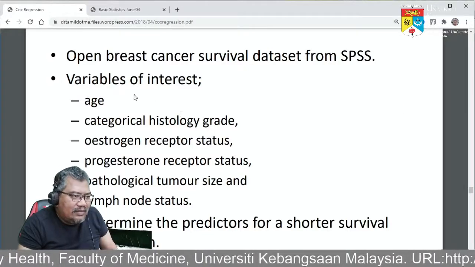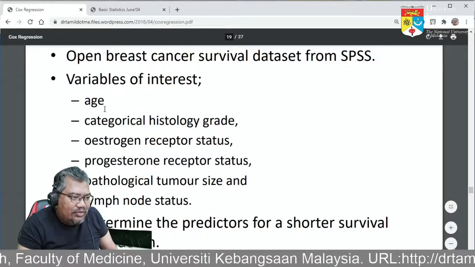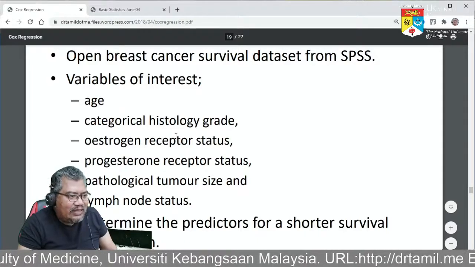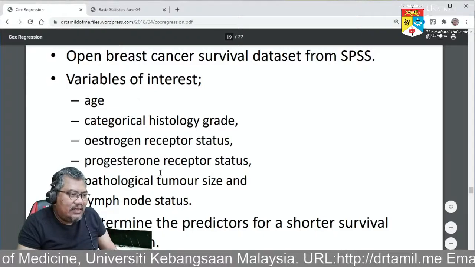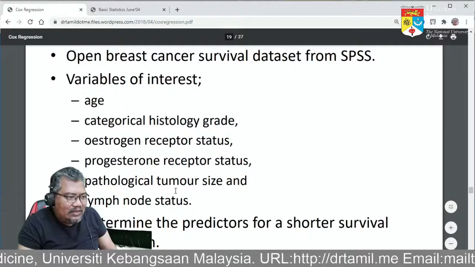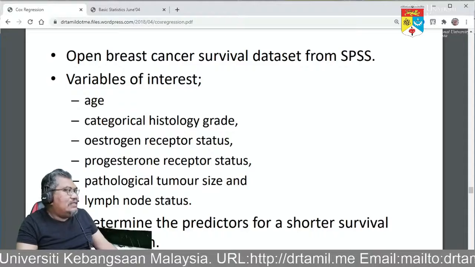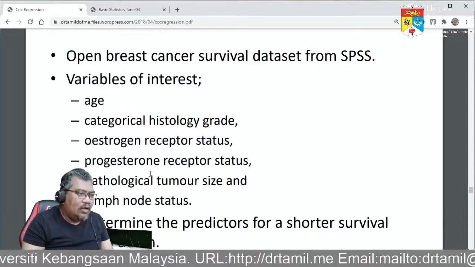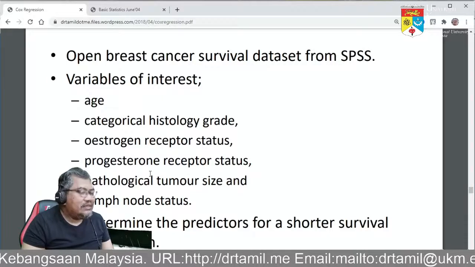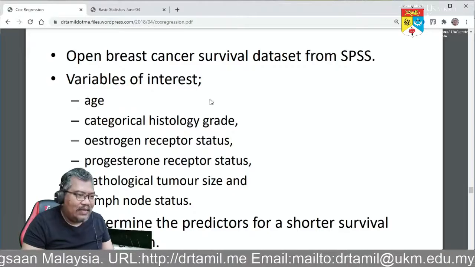We already said that for this case, we are going to look at age, categorical histology grade, estrogen receptor status, progesterone receptor status, pathological tumor size, and the lymph node status. What we are interested in is to determine which of the risk factors can cause you to die faster in cases of breast cancer.